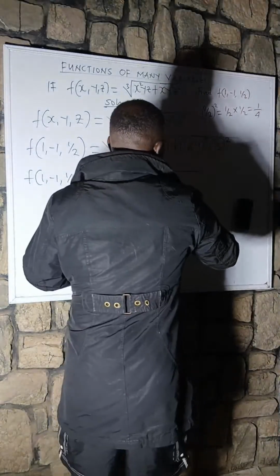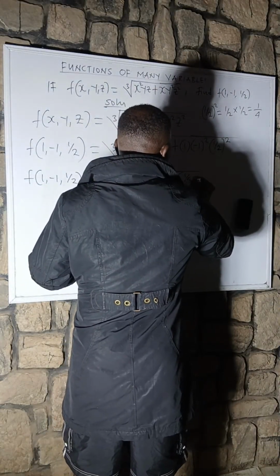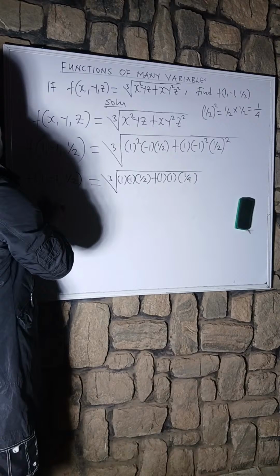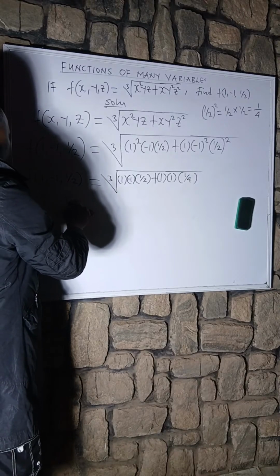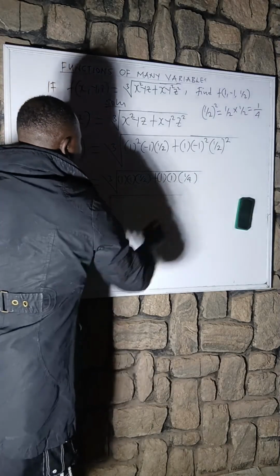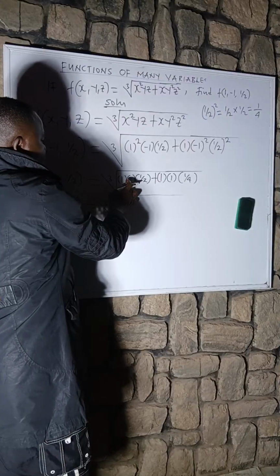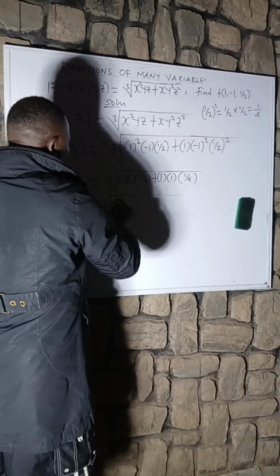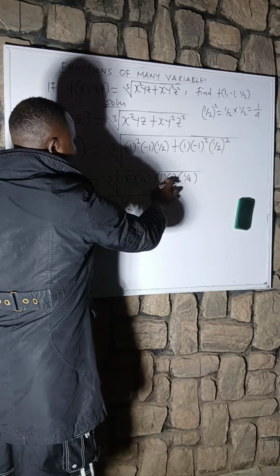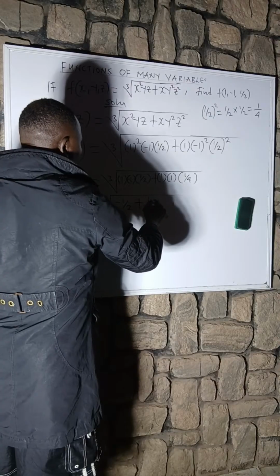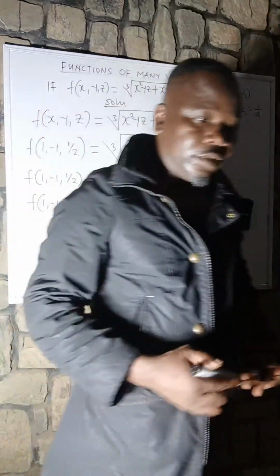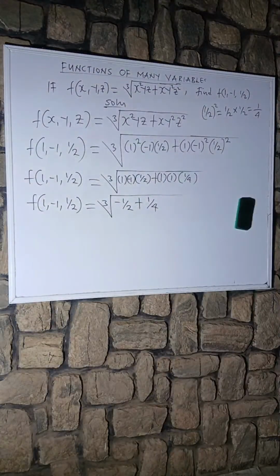So here will be open bracket 1 all over 4. Okay, let's proceed. We have f of 1 comma minus 1 comma 1 all over 2 is equal to the cube root of 3, then 1 times minus 1 times 1 all over 2, minus 1 all over 2, plus 1 times 1 times 1 all over 4, 1 all over 4. Are you following? Please look at the board. Hope you're understanding.